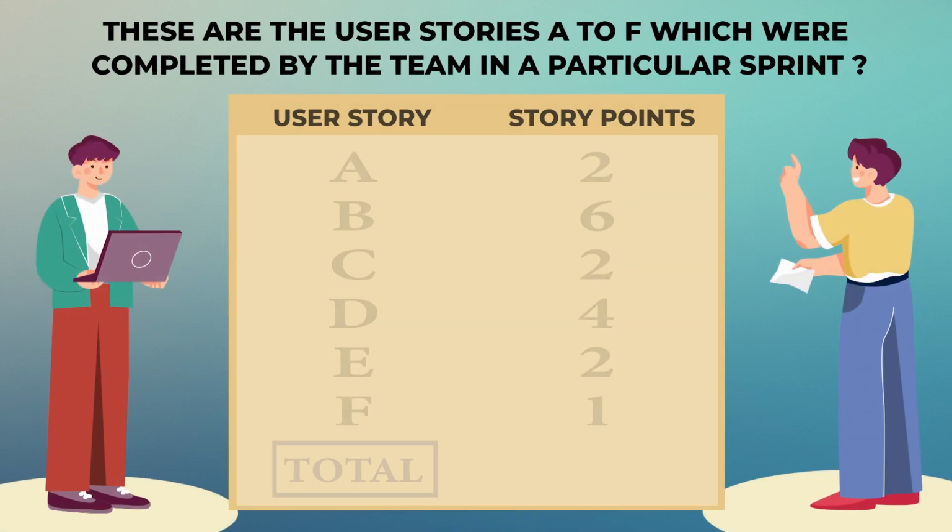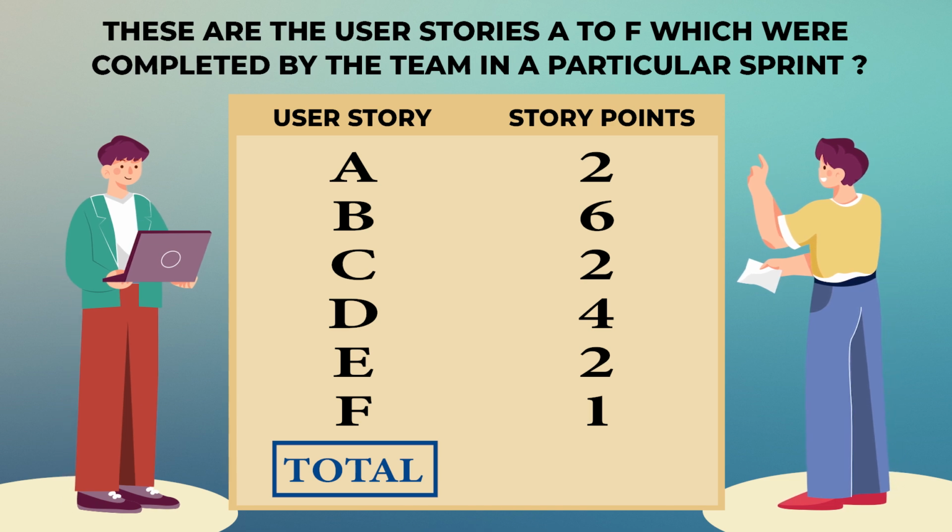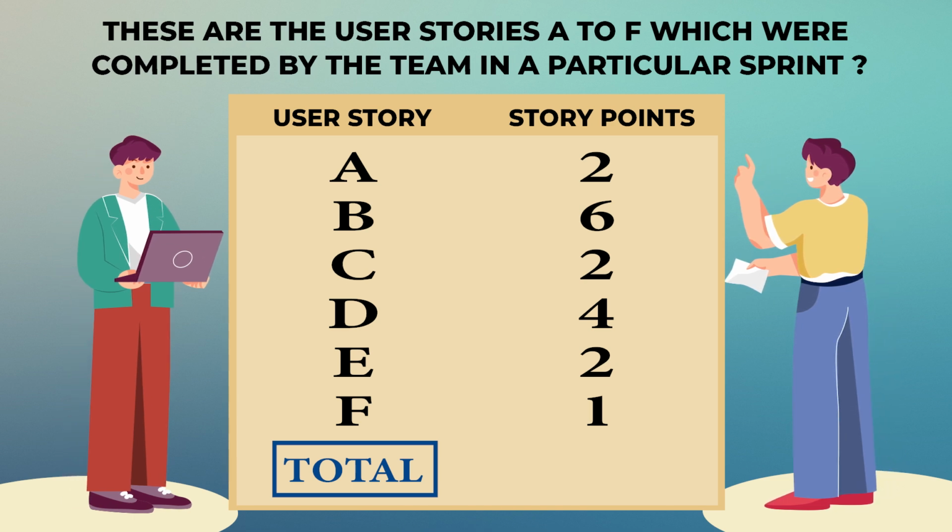Now, as we understand what agile team velocity is in a very simple calculation, let's do a question. Let's assume that these are the user stories A to F which are completed by the team in a particular sprint. You have to calculate the agile team's velocity.